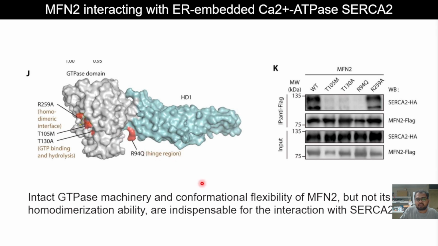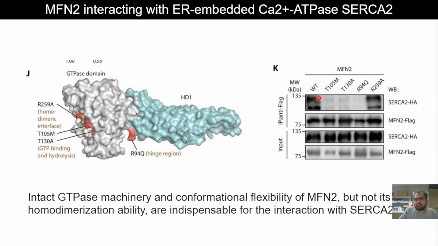Now they used these different variants of MFN2 in which a point mutation is present. Basically, if a point mutation is there, that particular part is not functional.